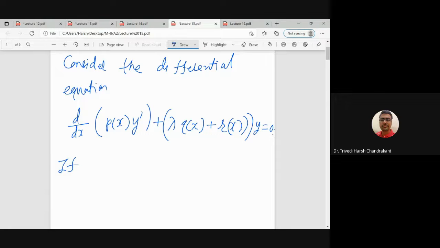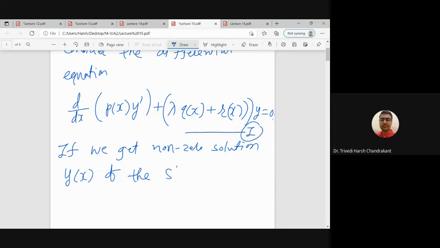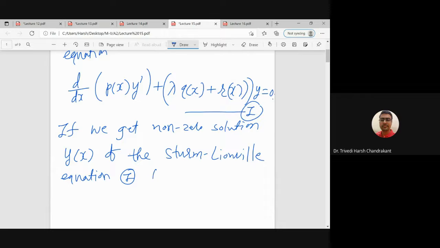So if we get a non-zero solution y(x) of the Sturm-Liouville equation, let us call this equation number 1, for some real number lambda, right?